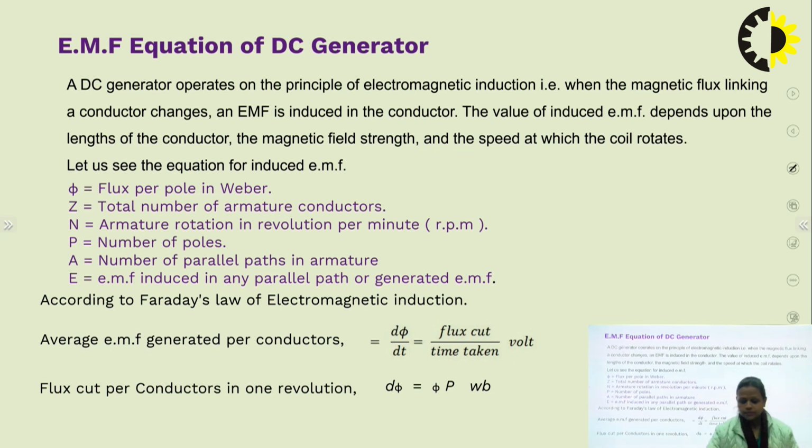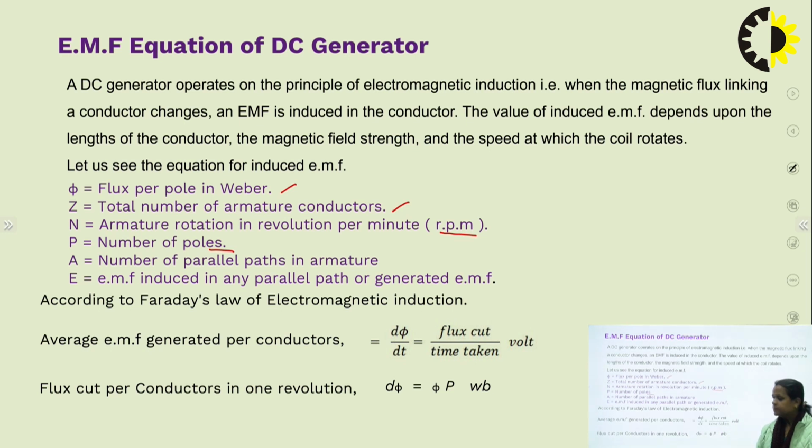Here, there are some terms. Phi is the flux per pole in Weber. Z is the total number of armature conductors. N is the armature rotation in revolutions per minute, that is RPM. P stands for the number of poles.